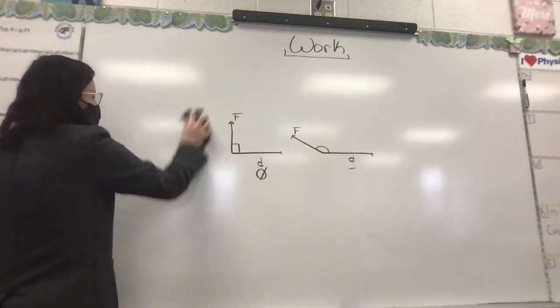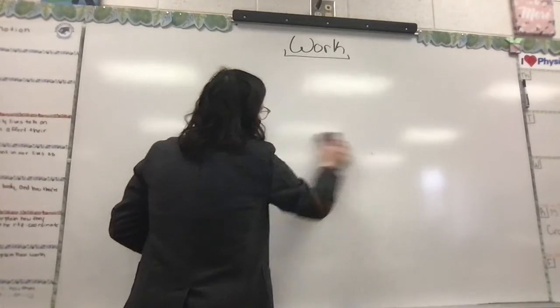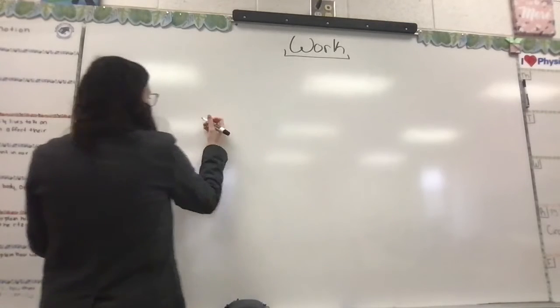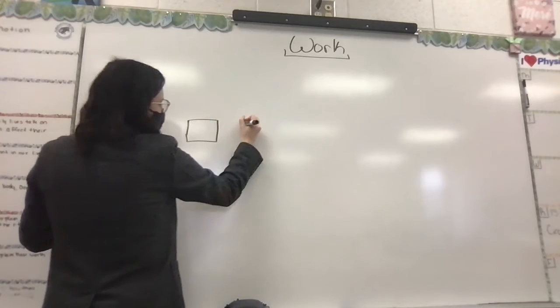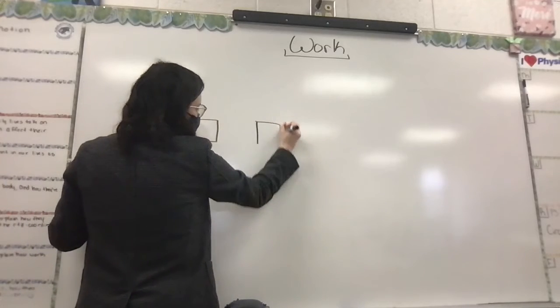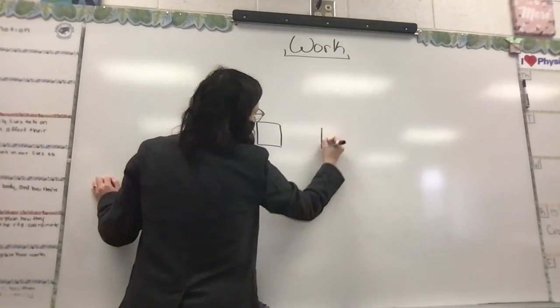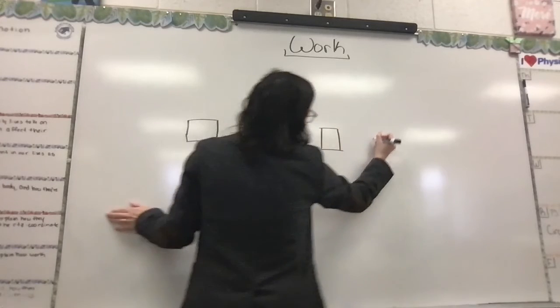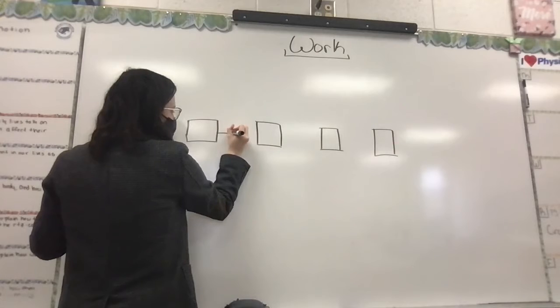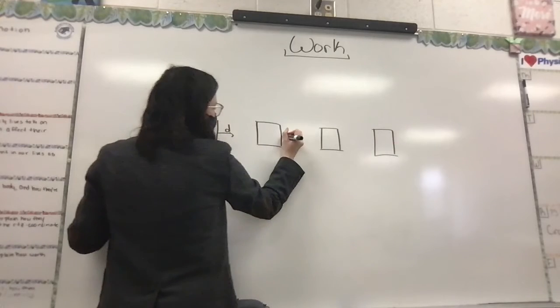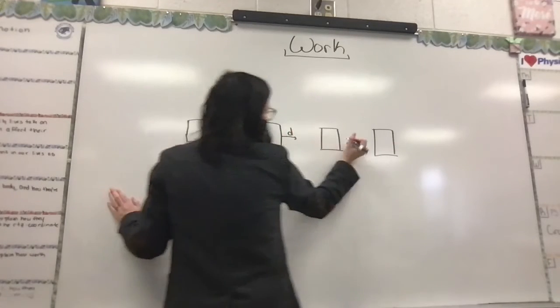I'm going to erase these, and I'm going to draw 4 images up here, all right? Don't get ahead of yourself, though. So we've got 1, 2, 3, 4, okay? All of these are moving to the right.